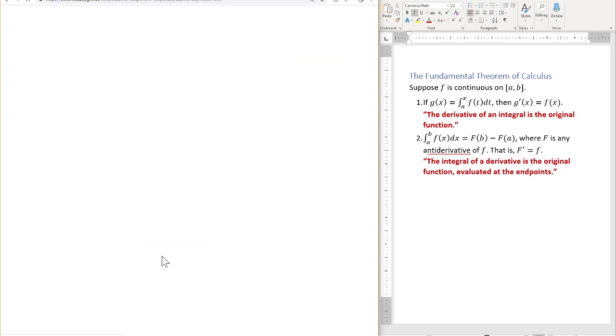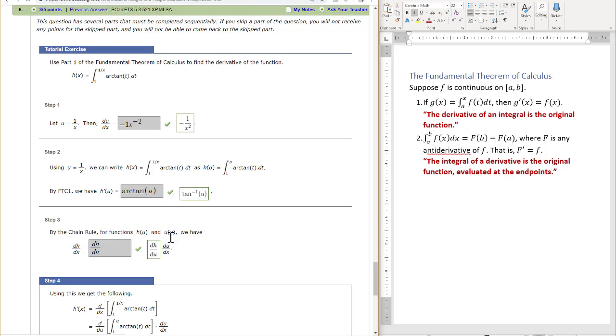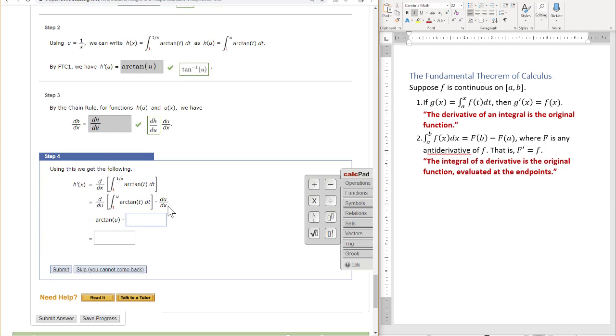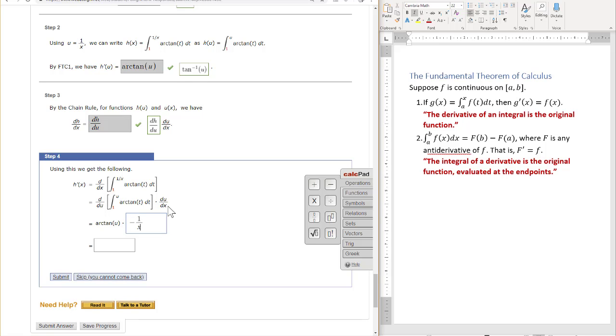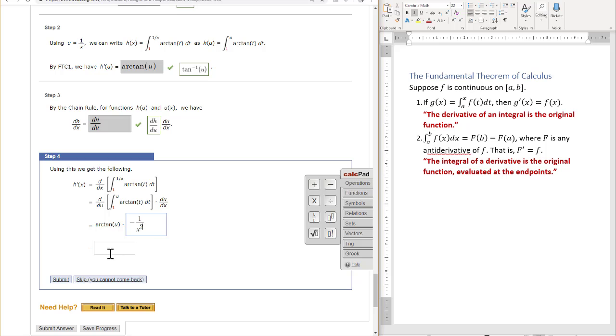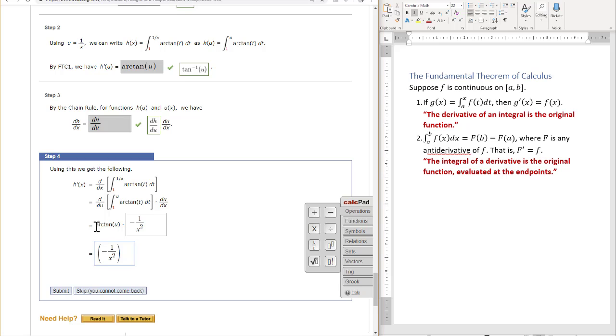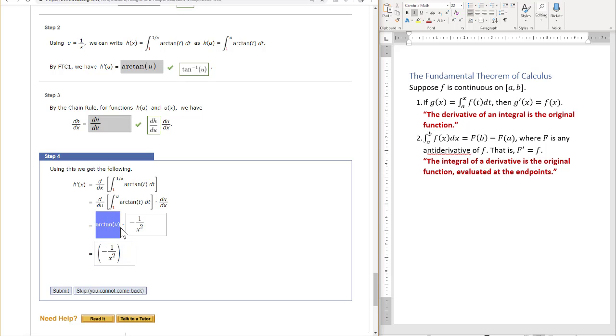So that's the chain rule. So it's the arctan of u times the derivative that we got earlier, which is negative 1 over x squared. This negative 1 over x squared is useful for us here, but we also need the arctan of u.